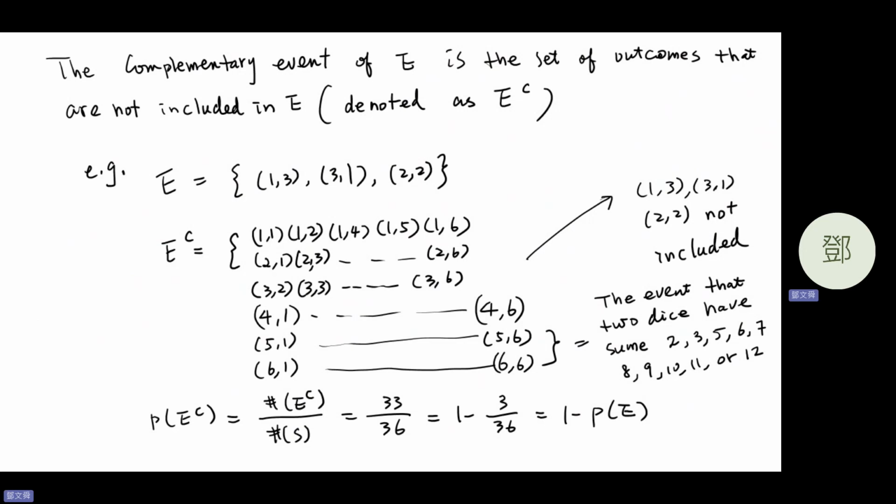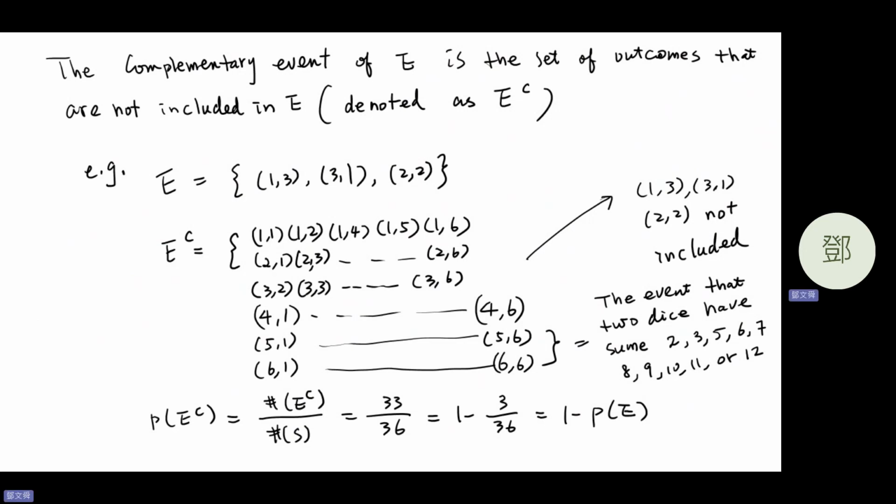For example, if E is the event that two dice sum up to 4, then E complement is this: 1 1, 1 2, 1 4, 1 5, 1 6. 1 3 is not included in this row.